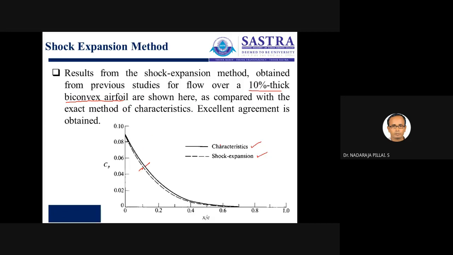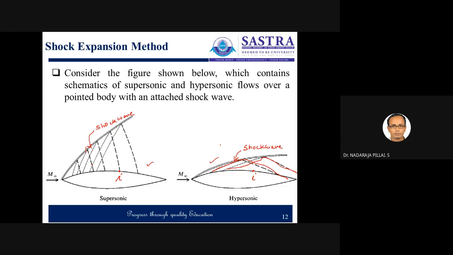So we made a comparison for a biconvex airfoil, and considered the same for supersonic and hypersonic flow. We found that inside the shock layer, there is also a reflection wave, right? However, in the supersonic flow, the reflection wave affects the body surface and influences the pressure on the body surface.